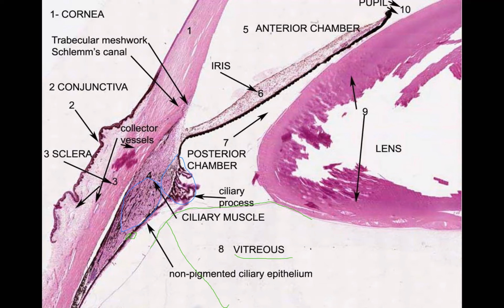And from the ciliary canal, which is between the pigmented and non-pigmented epithelium, the humor aquosus is produced here, to the posterior chamber, pupil, anterior chamber, and to the sinus venosus sclerae or Schlemm's canal.